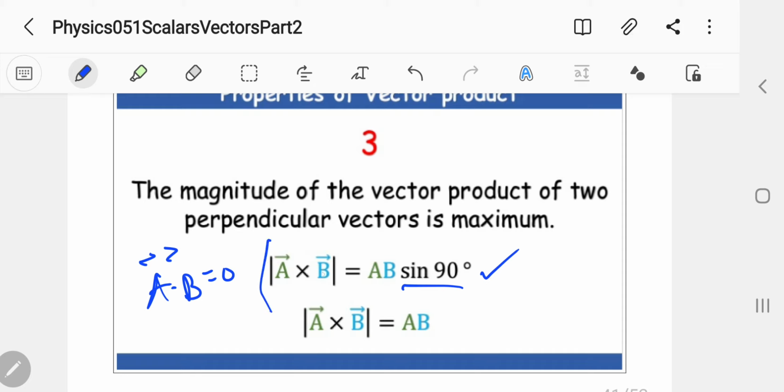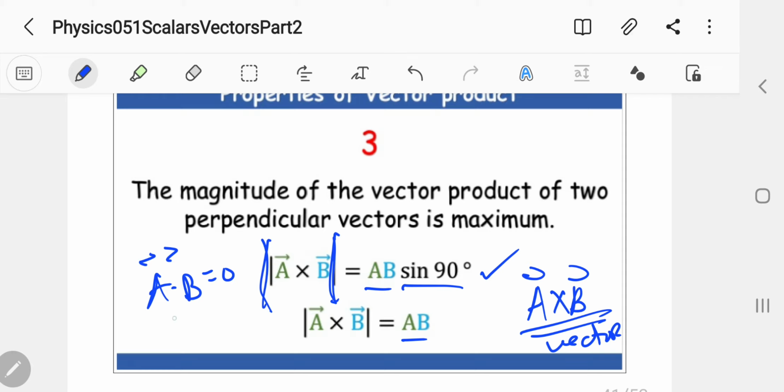The absolute value sign here signifies that this is magnitude. The direction is neglected, but A cross B always has a direction. This is a vector. This is a scalar, no direction.